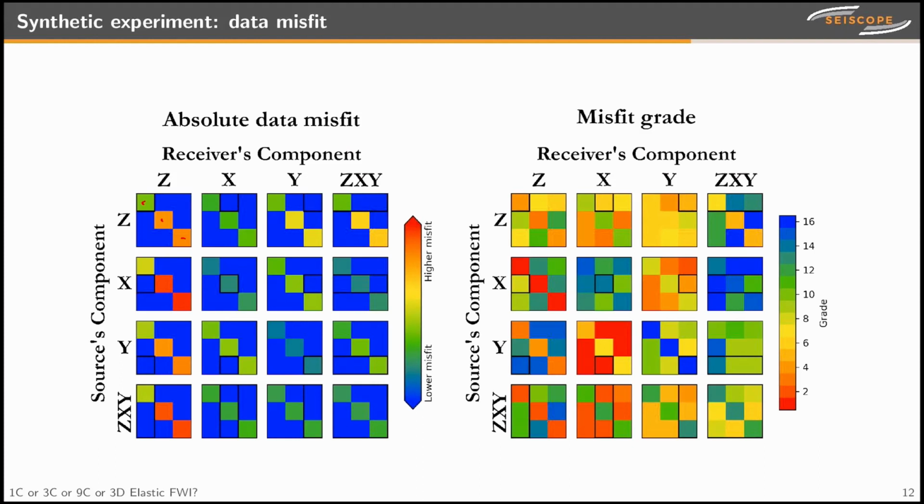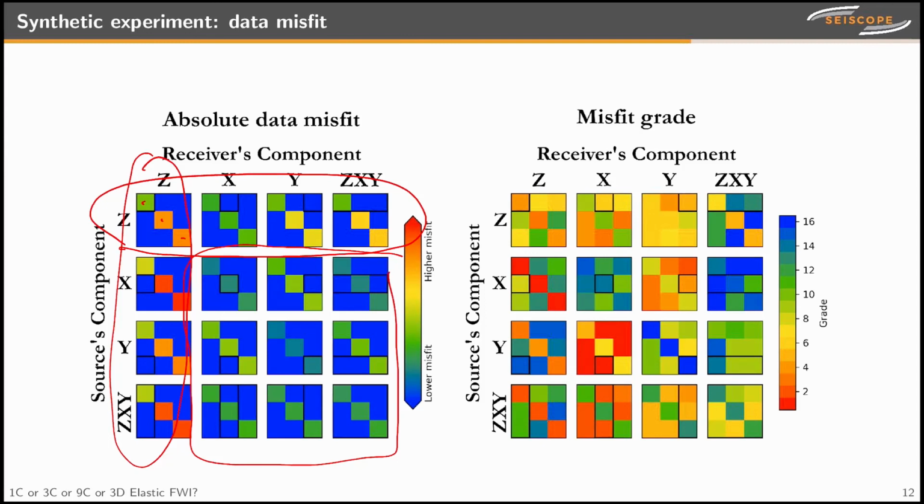That will work especially for a relatively simple model, just like in our case. The next thing is that we still see another consistency here, where we see the vertical source component and vertical receiver component. Directly from the absolute data misfit, the quality is not as good as if we use the horizontal component.